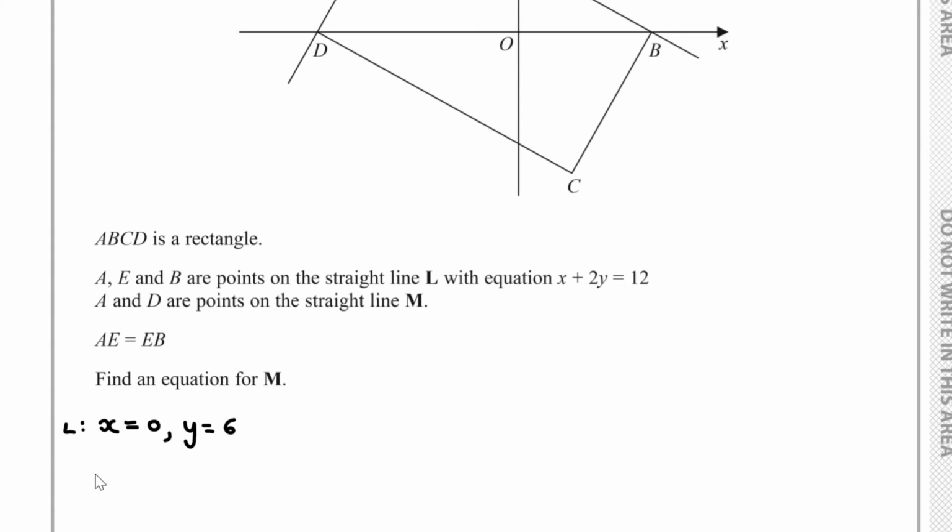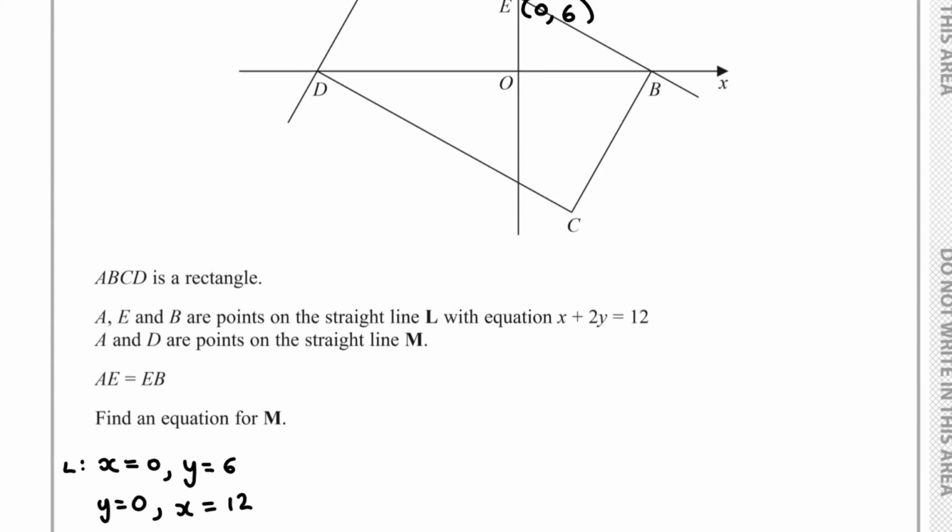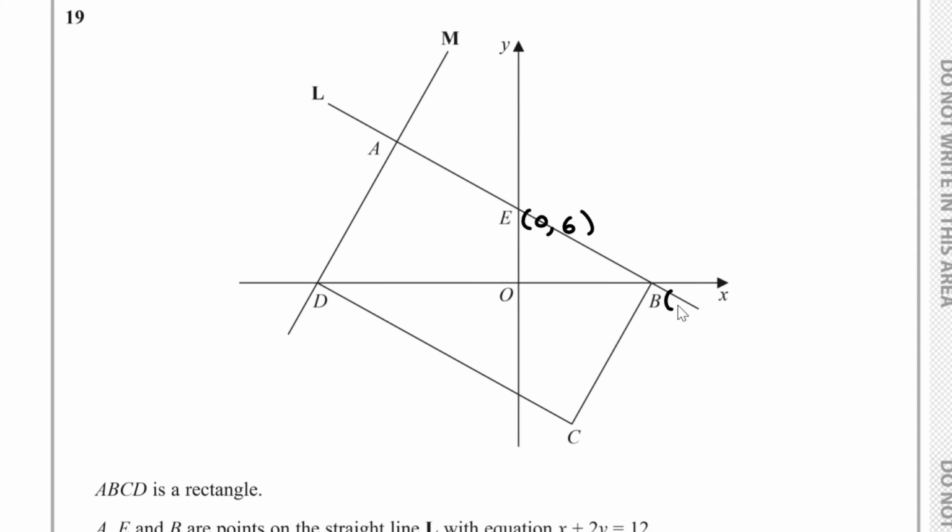And when y equals 0, we've got x, which is equal to 12. So that means the coordinates of B are 12 across and 0 up. How does this help us? Well, to go from 0 to the 12, I need to add 12. And to go from the 6 to the 0, I need to subtract 6.